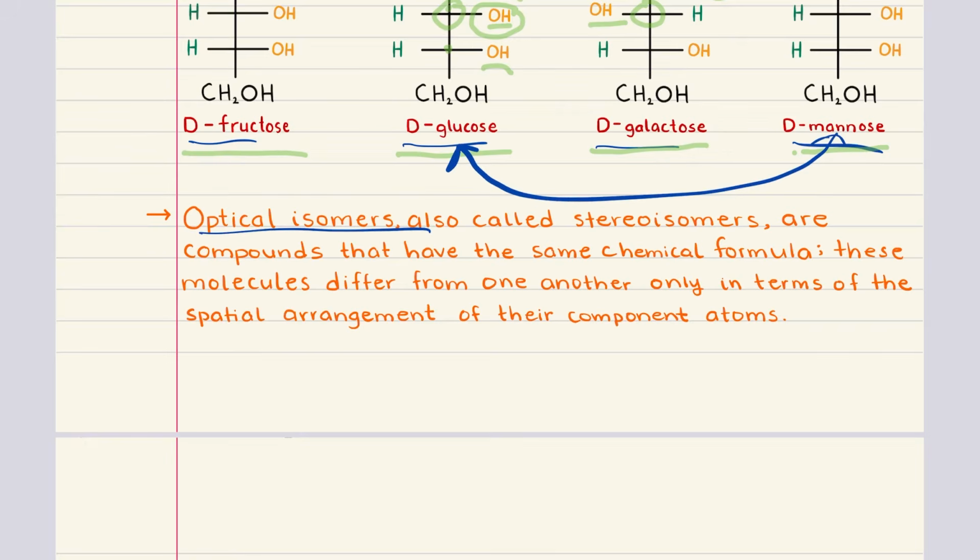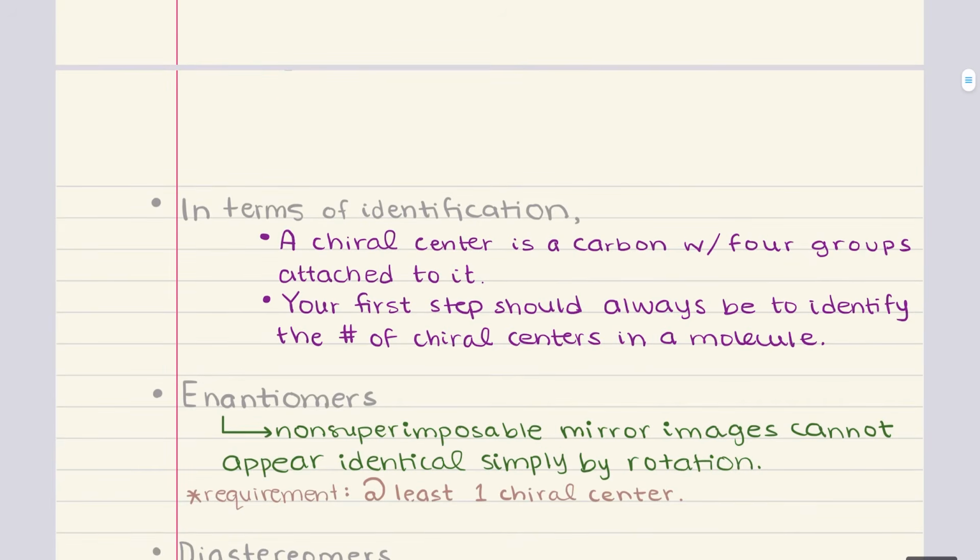To really understand stereochemistry, the first thing that we need to be able to recognize is a chiral center. A chiral center is going to be a carbon atom that is bonded to 4 different groups. When you see a carbon like that in the sugars we saw earlier, it tells you that that molecule can exist in multiple isomeric forms depending on how those groups are arranged around that center, right?